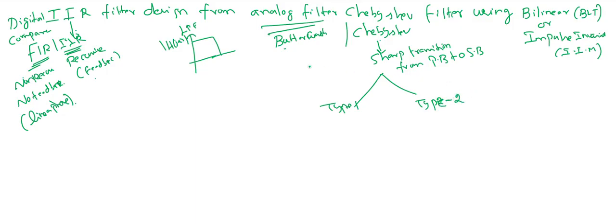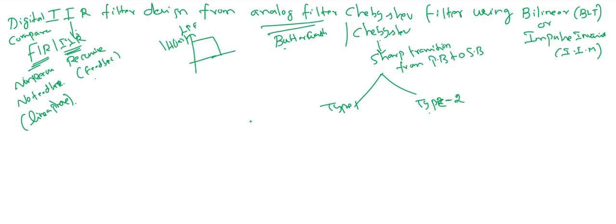Type 2 contains both poles and zeros. Type 1 is an all pole filter, type 2 contains both poles and zeros.